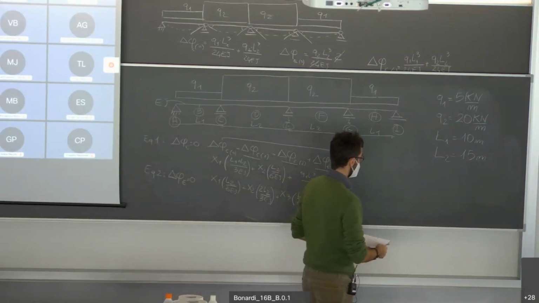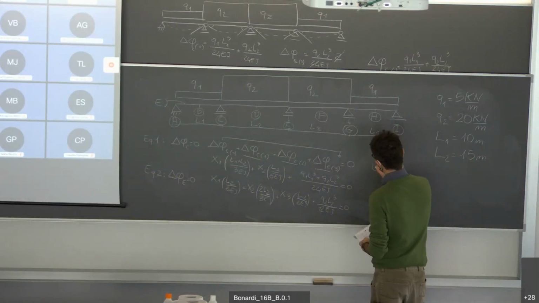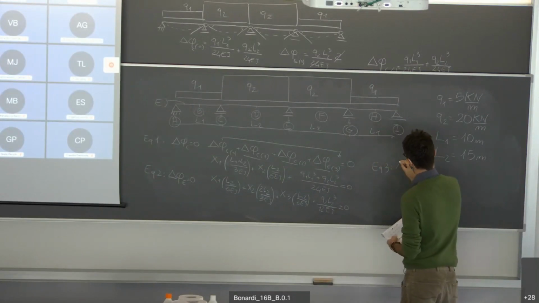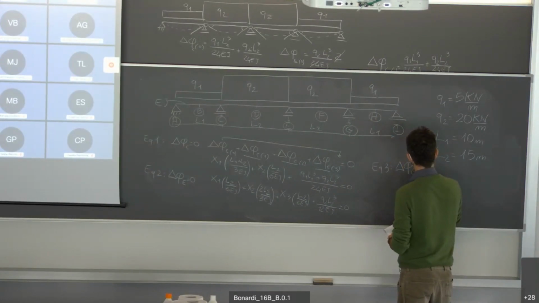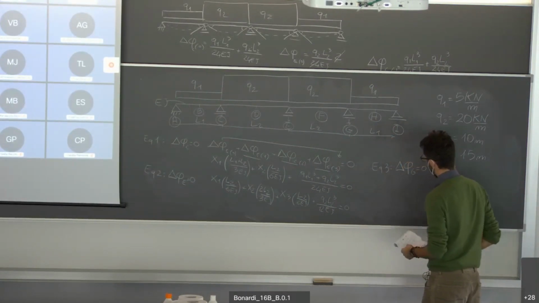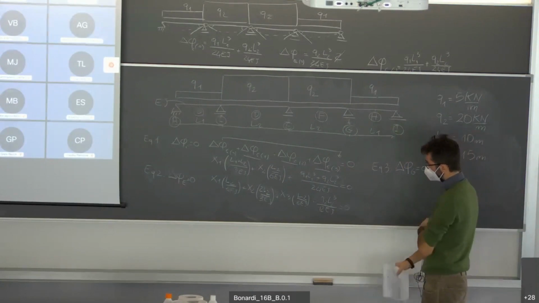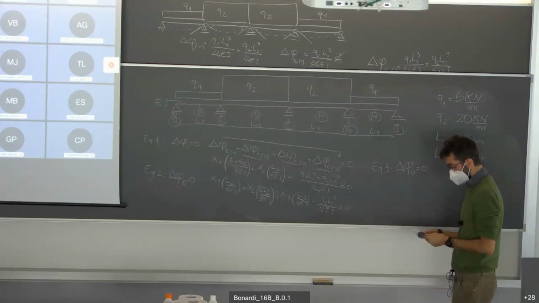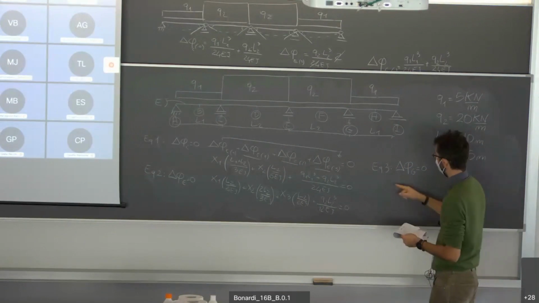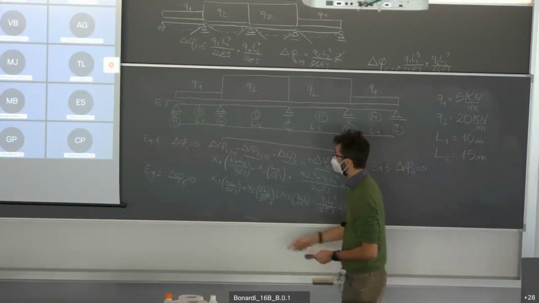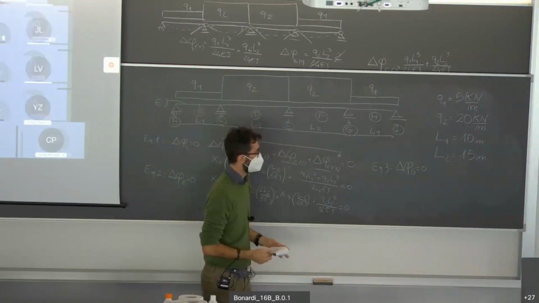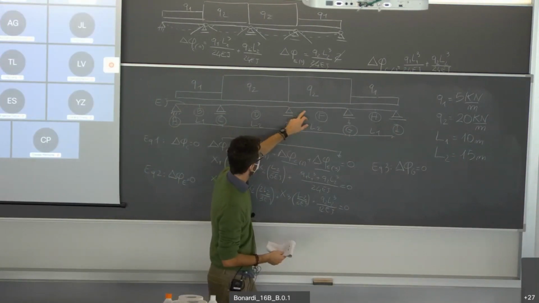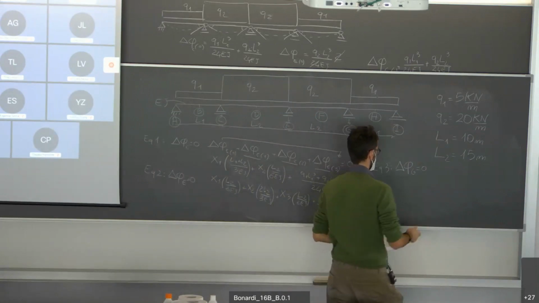Okay, this was the second equation. The third equation was delta phi, the rotation in the node G. It will be 0. We have that when we release x1, we have no influence over the rotation in this node. But when we have x2 and x3, we have the terms.